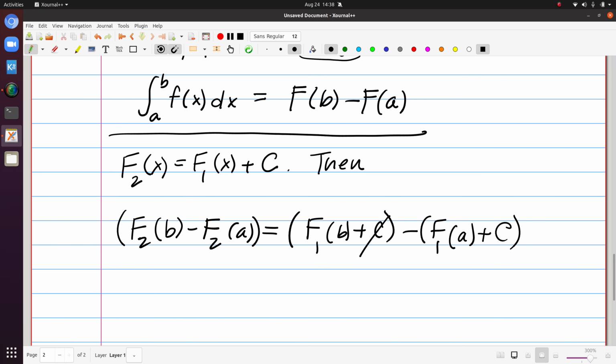Those constants would cancel, and we get that the difference at these values is the same. So it doesn't matter which antiderivative we use. And conventionally, when people are evaluating this, the additive constant we choose is c equals 0. But I wanted to just point out that language of saying any antiderivative instead of saying the antiderivative.